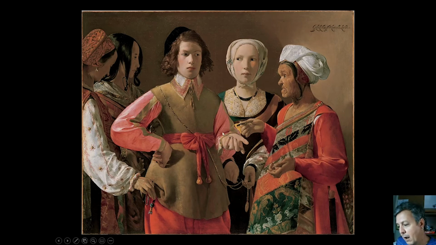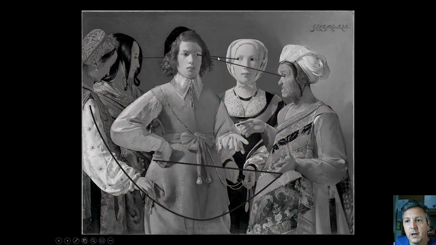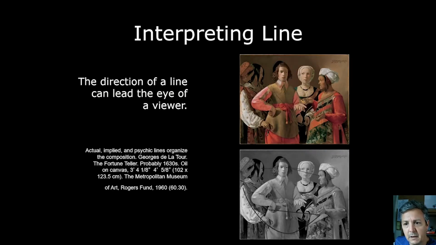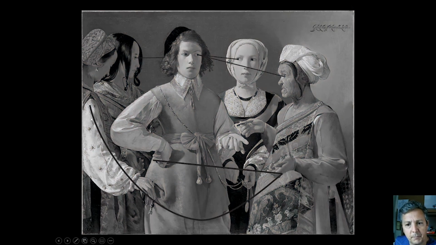Now let's talk about how eye movement is happening here. First off, these eyes, this is the psychic line. You don't see the line there, but it's inferred by the stares. Next, let's look at this line right here.